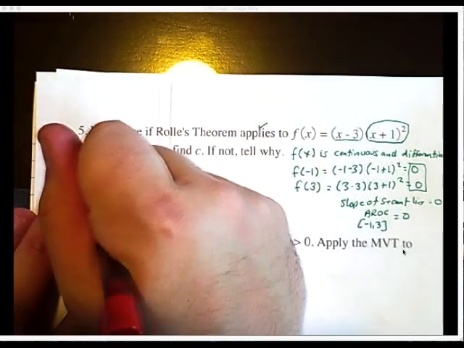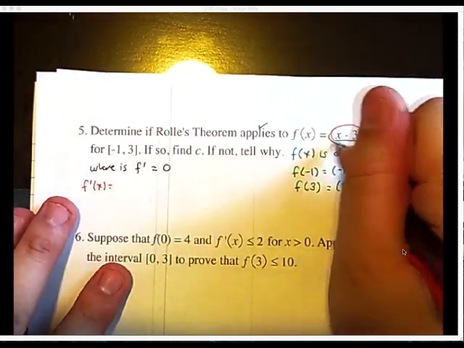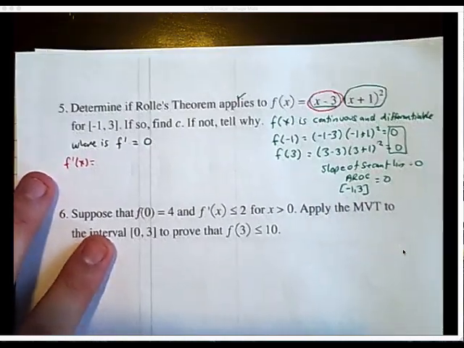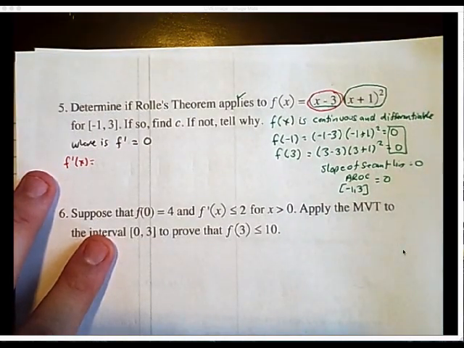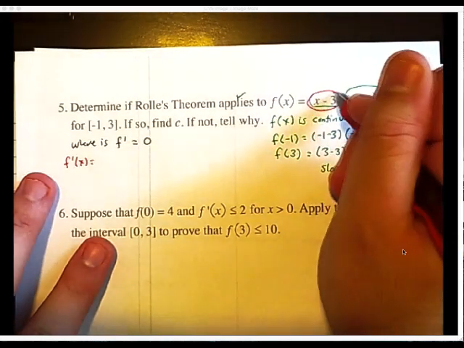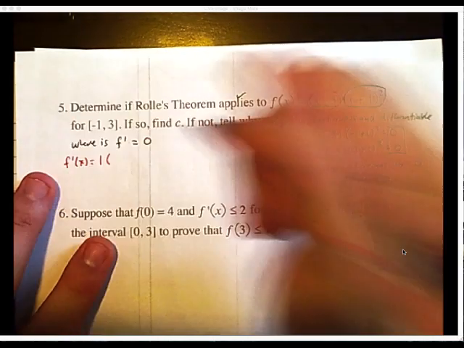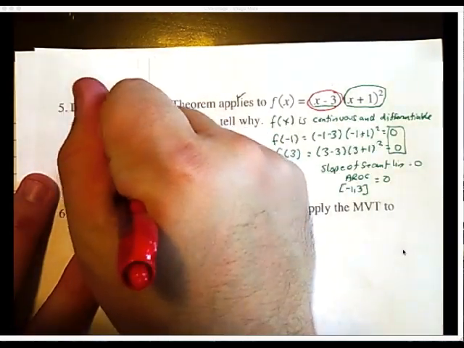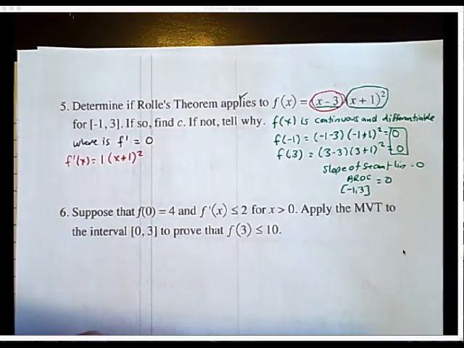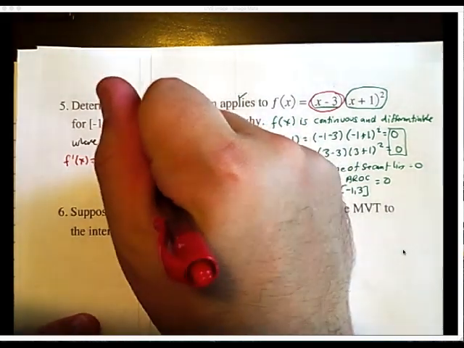Okay, so f prime of x, to me this looks like a product, so I could use product rule. So the derivative of the first parenthesis, the derivative of just x minus 3, would be 1 times the second parenthesis, which is x plus 1 squared. Product rule always a plus.